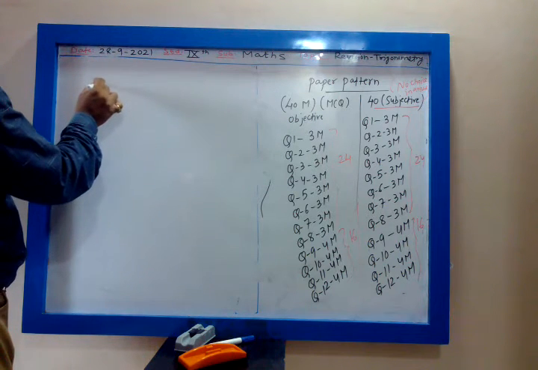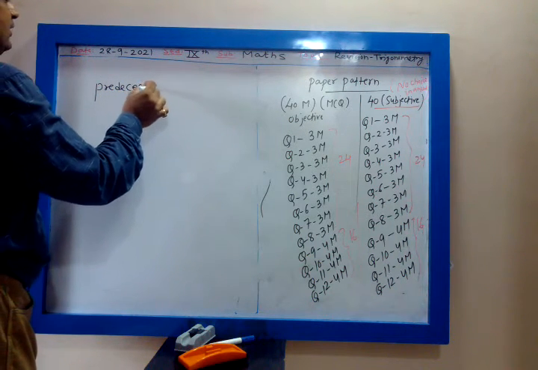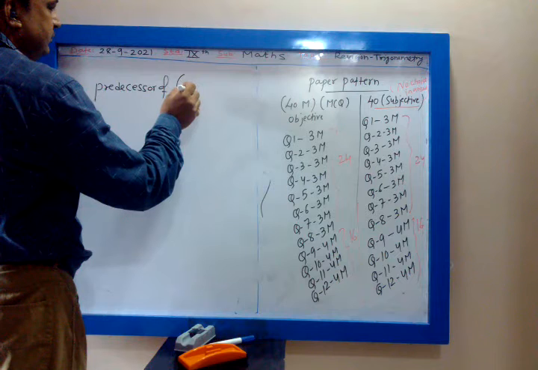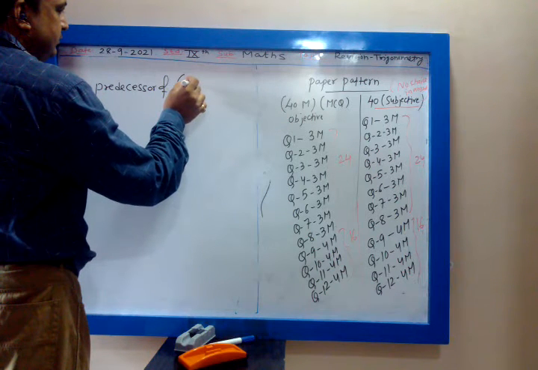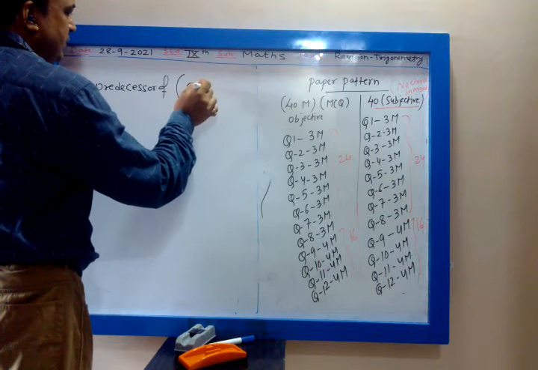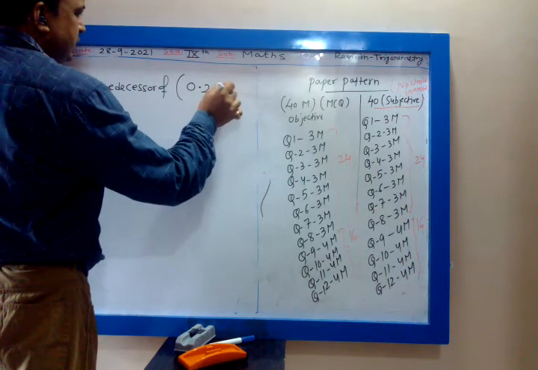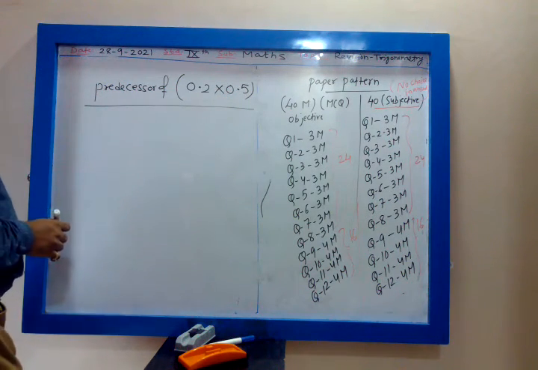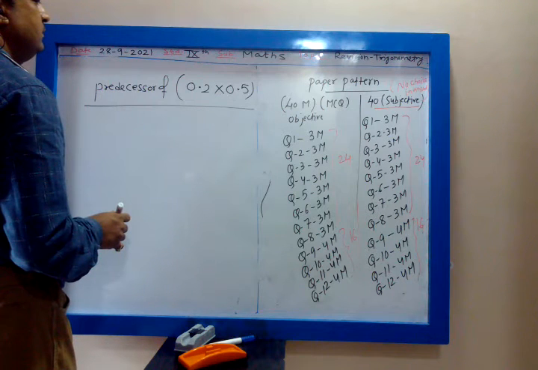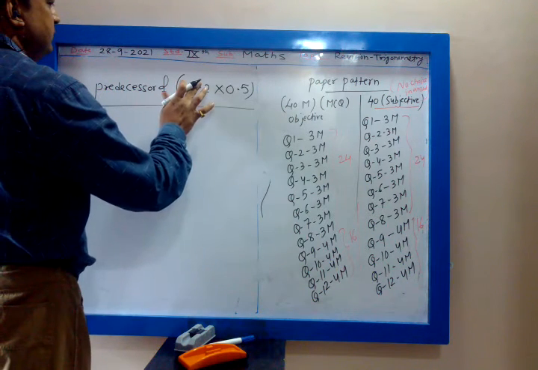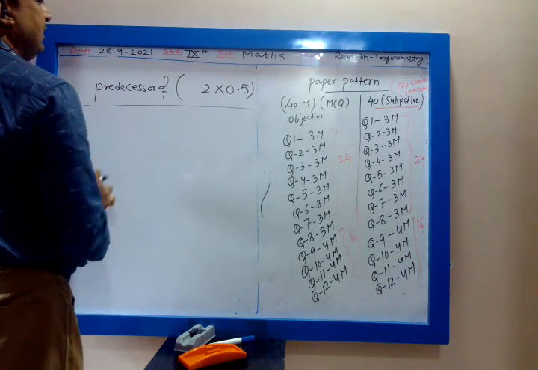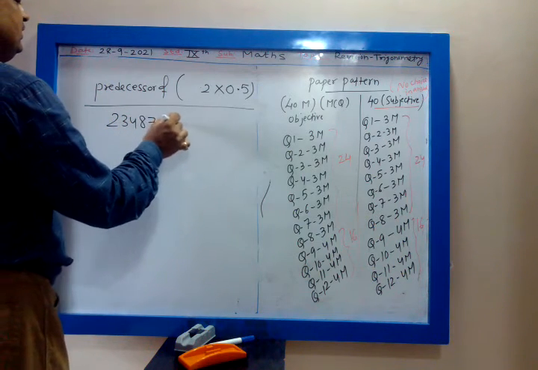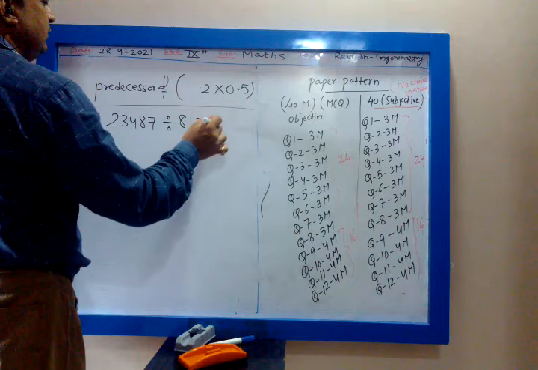Predecessor of predecessor of 0.01, 0.2 into 0.5 divided by predecessor of 2 into 0.5 divided by 2, 3, 4, 8, 7 divided by 812 into 446.